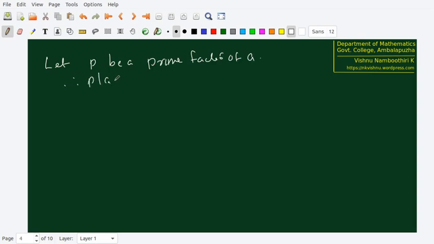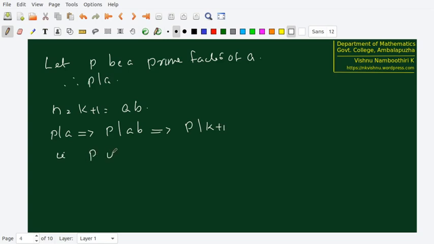Therefore, p divides a. But what is n? n equal to k plus 1 equal to ab. Now, p divides a implies p divides ab also. That means p divides k plus 1. That is, p is a prime factor of k plus 1. So k plus 1 has a prime factor.